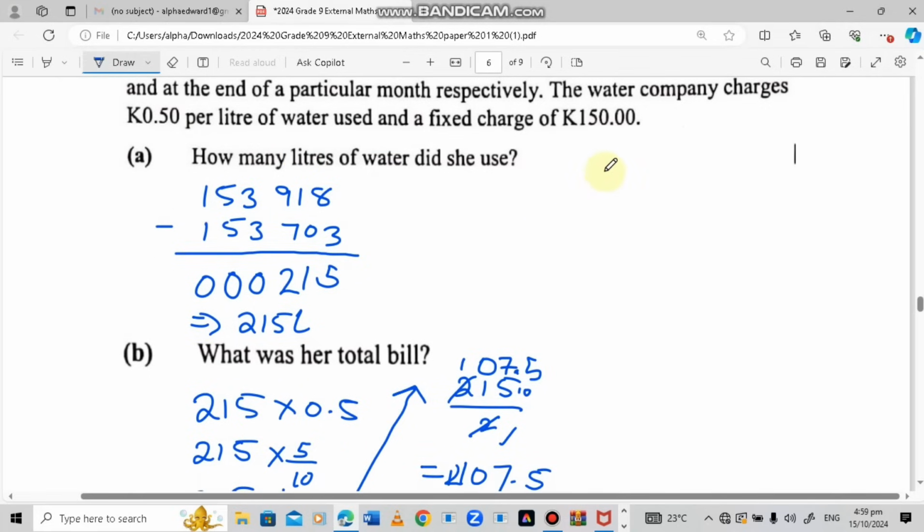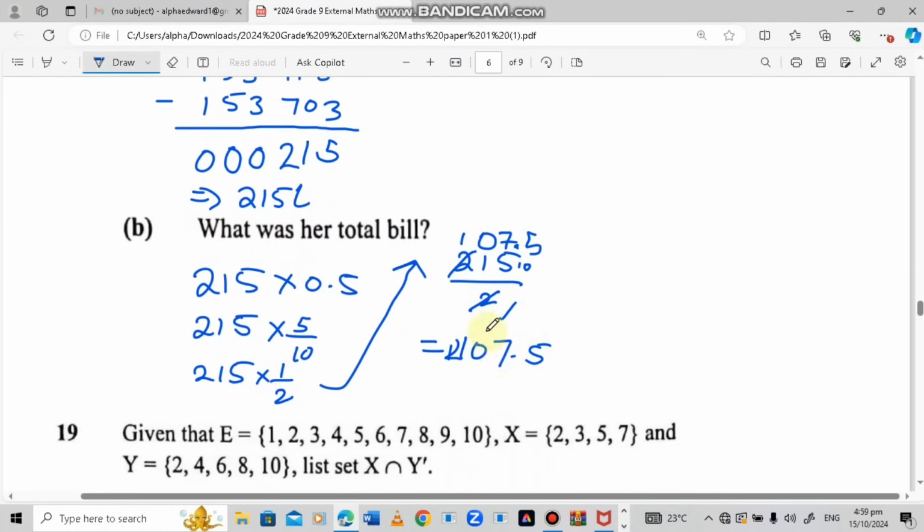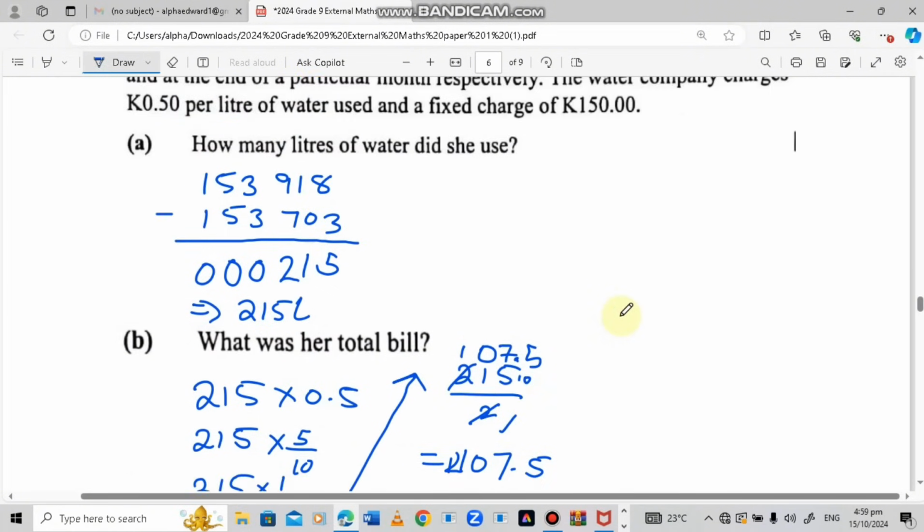Now we need to add the fixed charge. So the fixed charge is 150 kwacha, then the actual charge is 107.5.